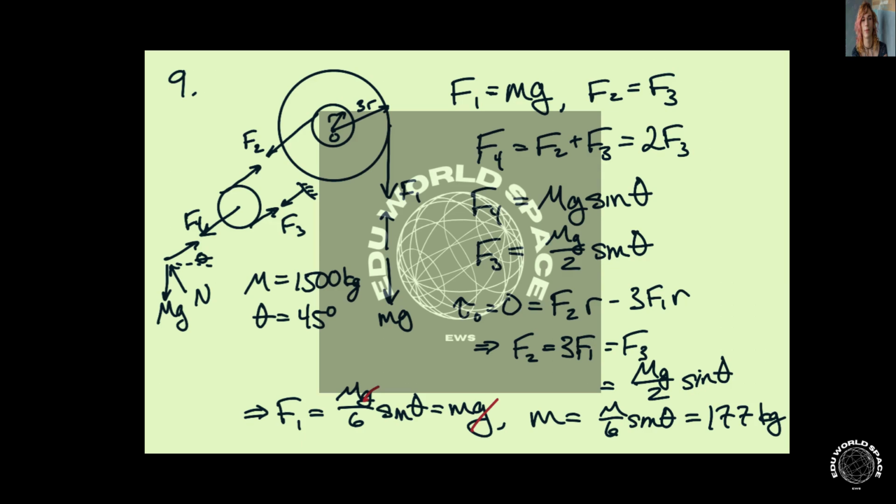So that tells us that F1, let's see here, F1 is mg, but it's also 1/3 F3, which we have here. So F1 is capital Mg sine theta over 6 and also equals little mg. Our g's cancel out, and we get that little m is capital M times sine theta over 6, or 177 kilograms.